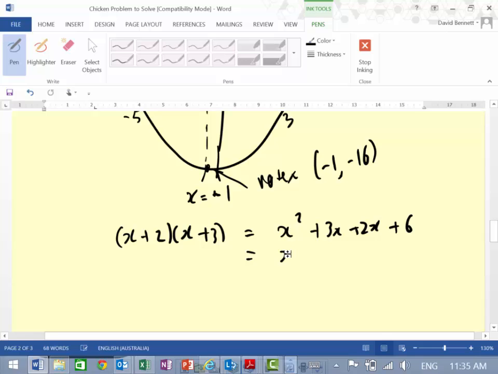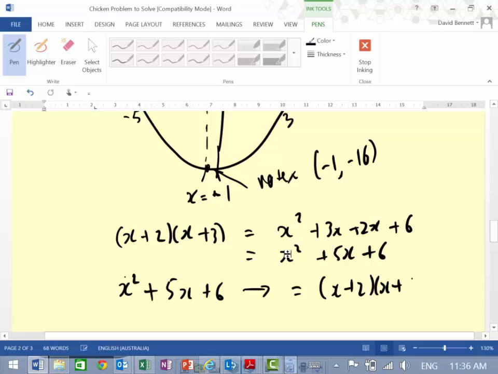So that's x squared plus 5x plus 6. That's FOIL, or expansion. Factorisation is taking something like x squared plus 5x plus 6 and going the other way around, saying that's equal to x plus 2, x plus 3.